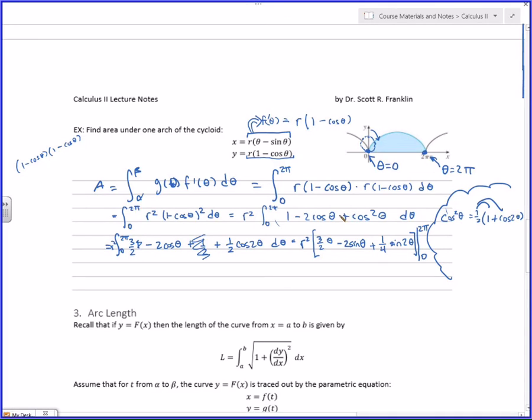Now, if that was too much in your head, then we can use u substitution and still get the same answer. So now I'm going to plug in 2 pi. I'm going to get r squared times 3/2 times 2 pi. Sine of 2 pi is 0.